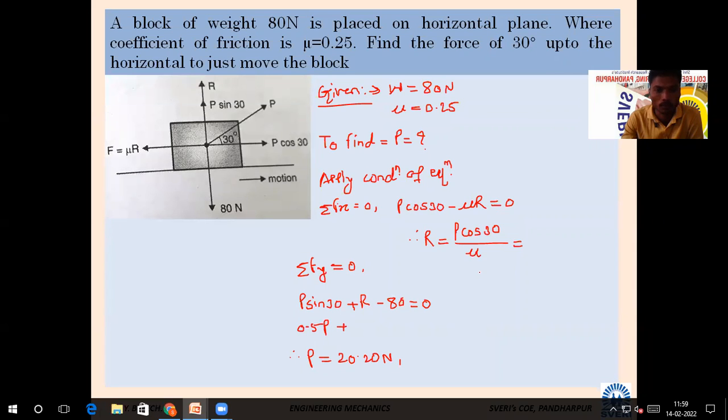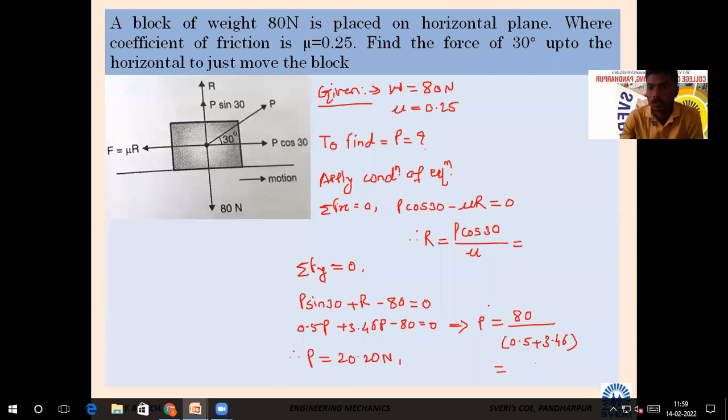Cos 30 divided by mu is 3.46. So 3.46 P minus 80 equals 0, which implies that P is equal to 80 divided by 3.46.